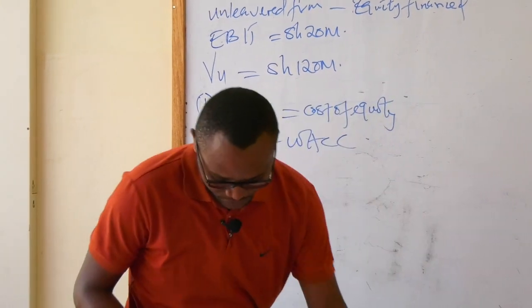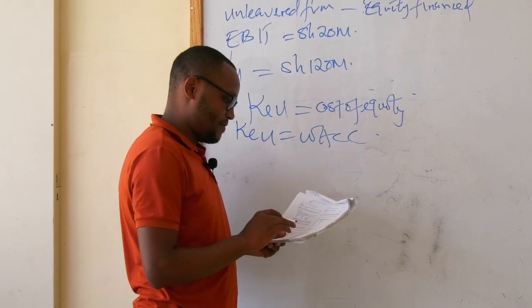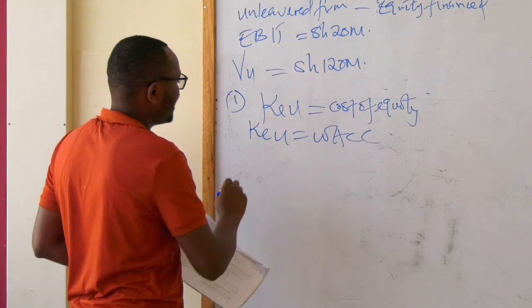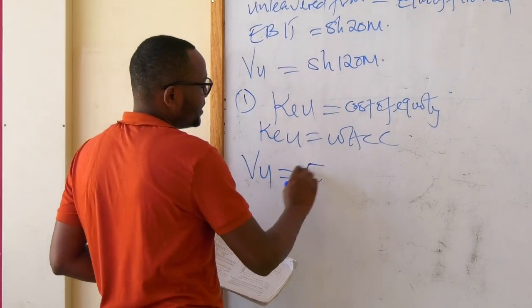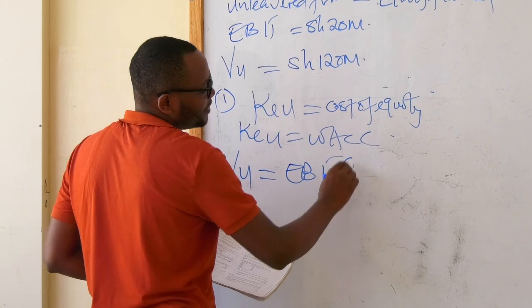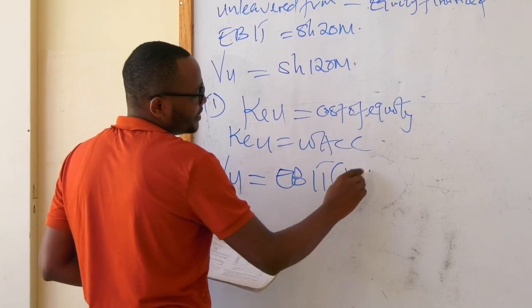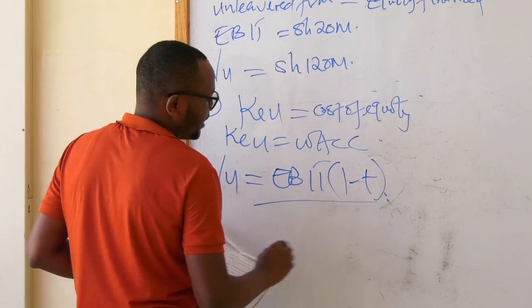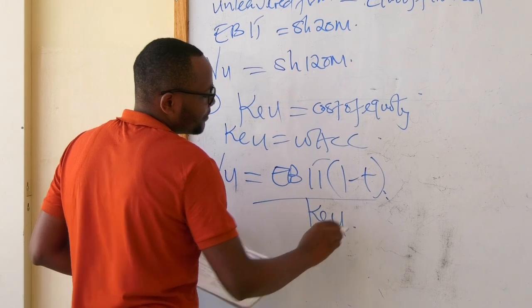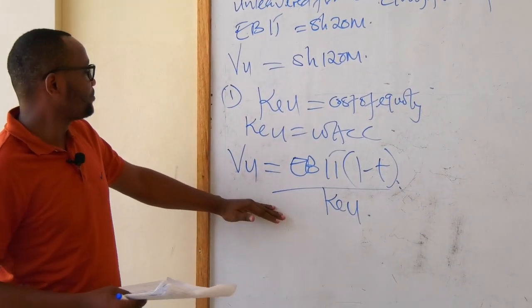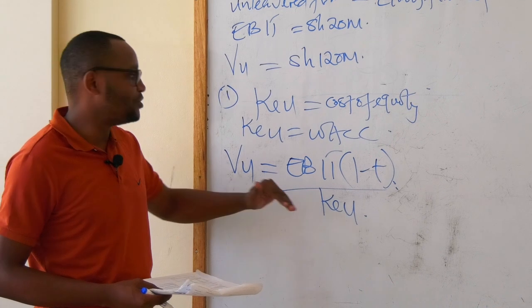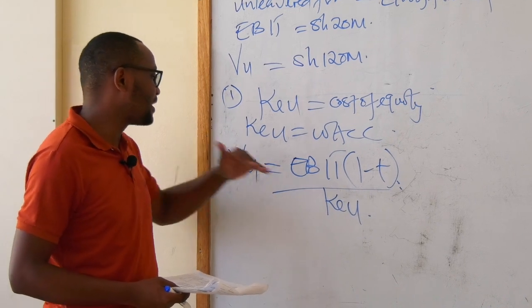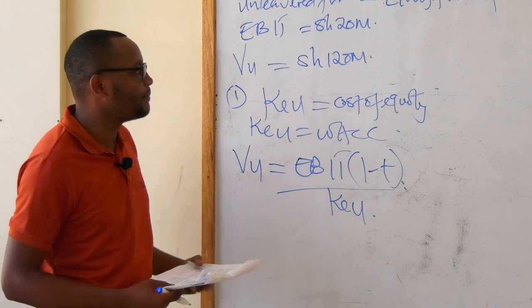And for this, the value of a levered firm is given by EBIT with the tax model, all over Ke. So from this question, we need the Ke. So you're going to use substitution, making Ke the subject of the formula.